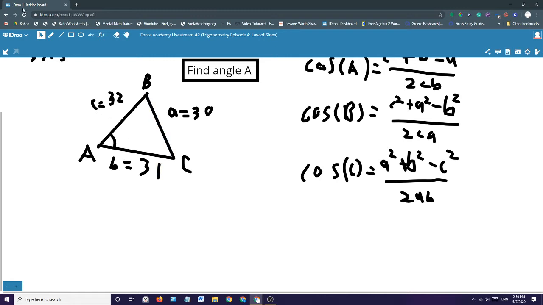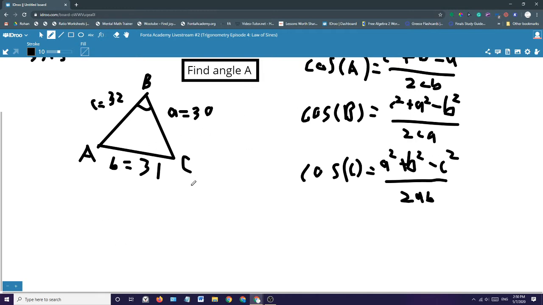So instead of trying to find angle A, let's try to find angle B. So let's use the cosine B formula.